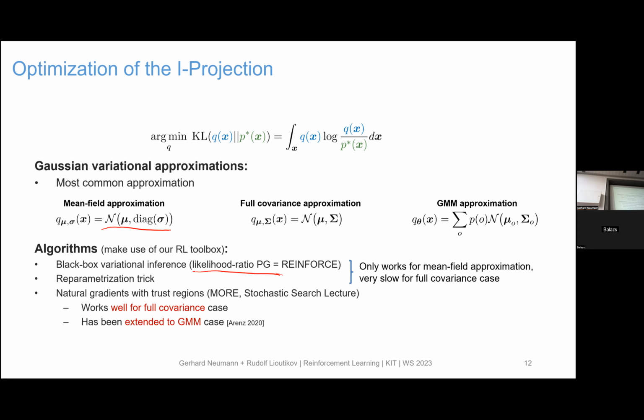Most of us should know Gaussian mixture models from some other lecture, probably Grundlagen der KI, or in machine learning. It's really just a sum of multiple Gaussians. So what can a Gaussian mixture model do that a Gaussian cannot do? Yeah, multiple modes, exactly. That's why it's in many cases better.